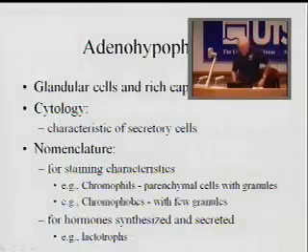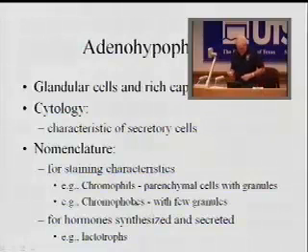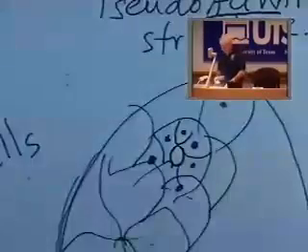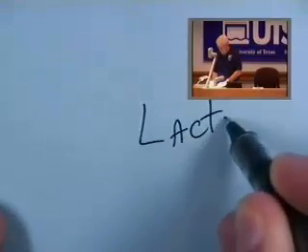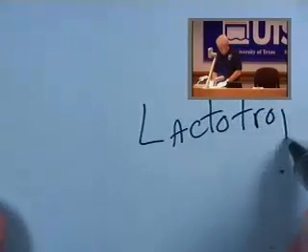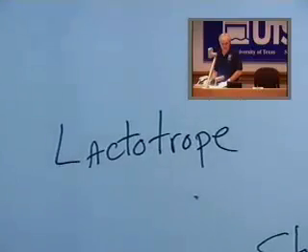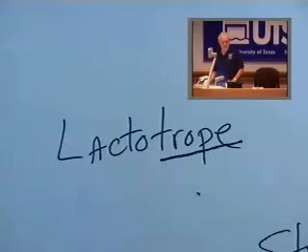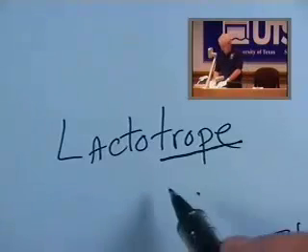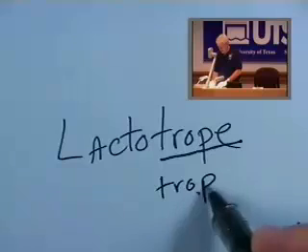There will be two approaches to the terminology that we will use for this. And we'll use the lactotrope. I usually use the TROPE suffix rather than the TROPH as you saw in the slide.